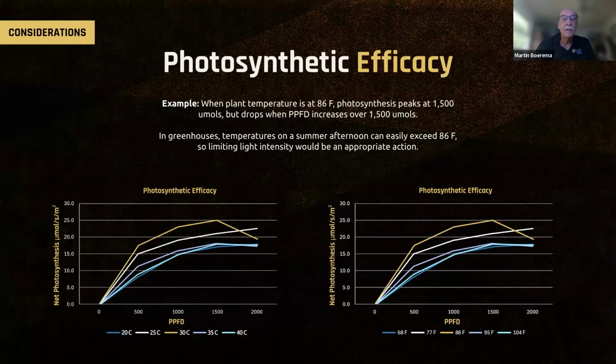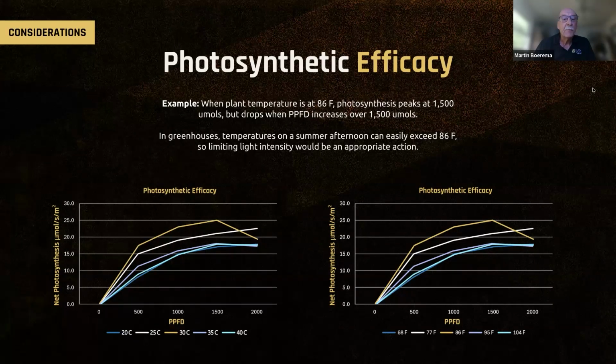But if you run your temperatures a little higher, you can see that at 1000 micromoles of light intensity at 86 degrees of plant temperature, you have the same photosynthetic efficacy as at 2000 micromoles of light at 77 degrees.